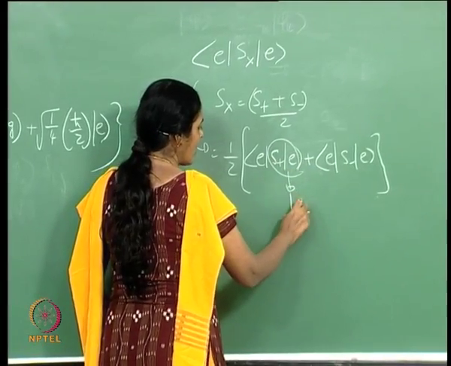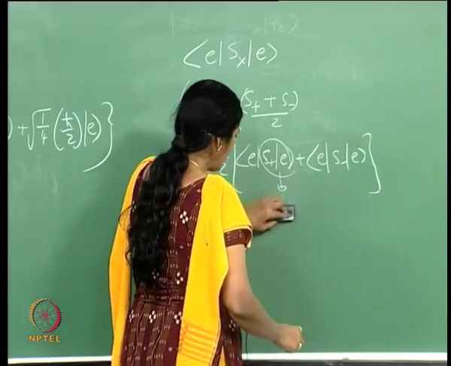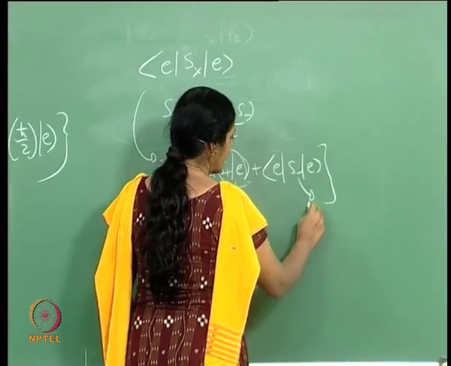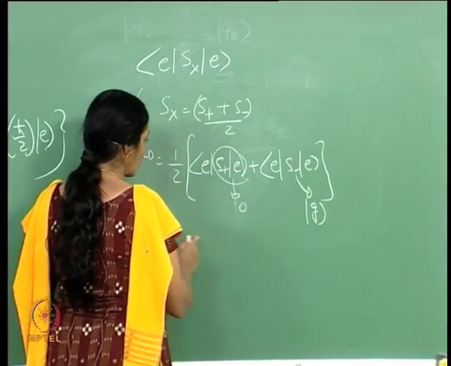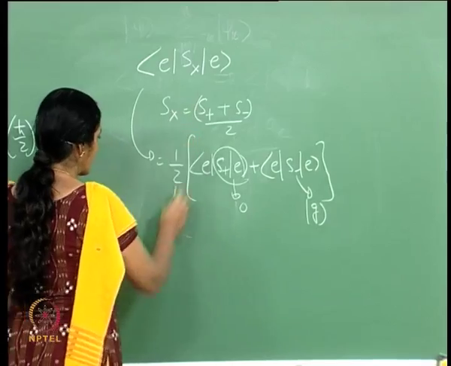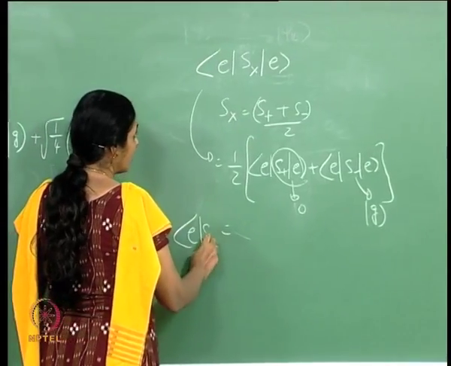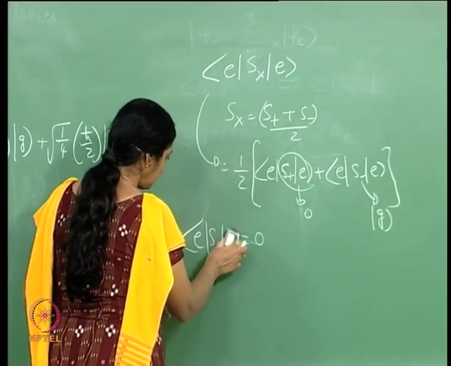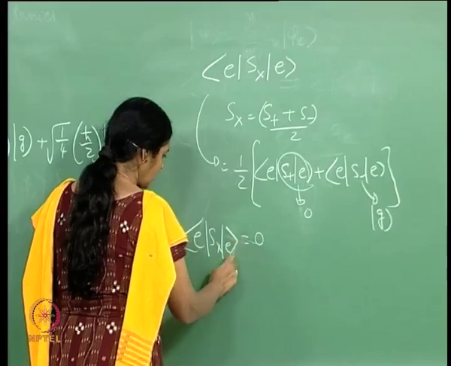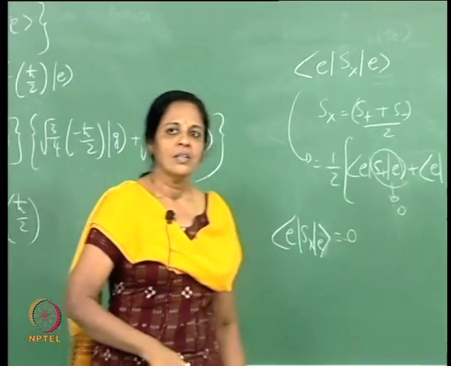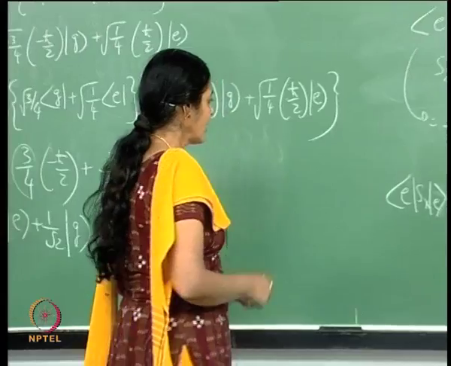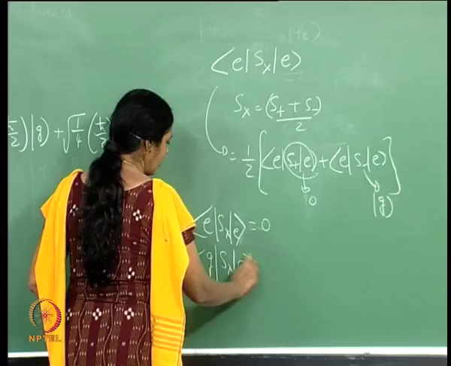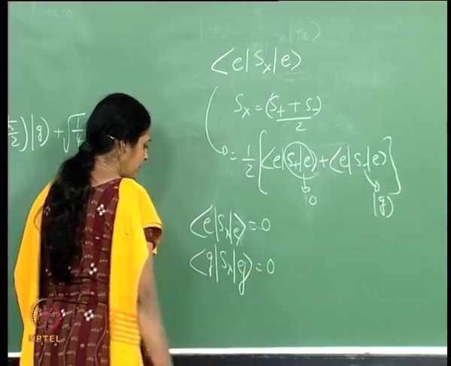But S plus acting on ket E simply gives me 0, and S minus acting on ket E takes it to ket G, and E and G are orthogonal to each other, and therefore the expectation value E Sx E is equal to 0. Similarly, in the basis state ket G, we can show that the expectation value of Sx is equal to 0.